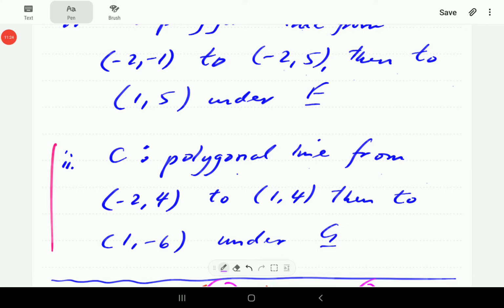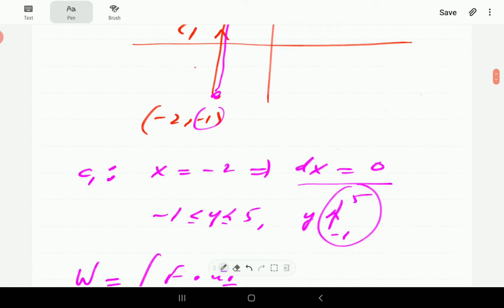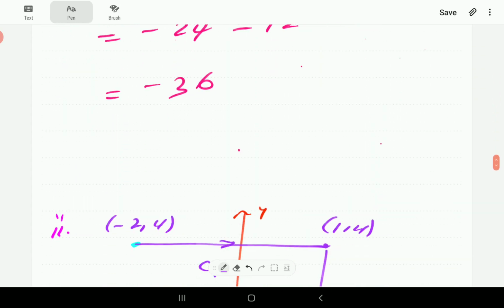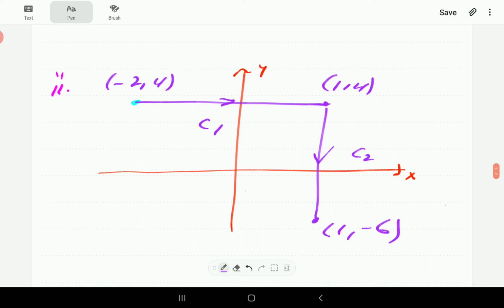All right, we're now going to scroll down to our solution for part 2. The first thing we do, like we did in part 1, is a sketch of the contour. From -2,4 to 1,4 is a horizontal line. Then from 1,4 to 1,-6 is a vertical line.